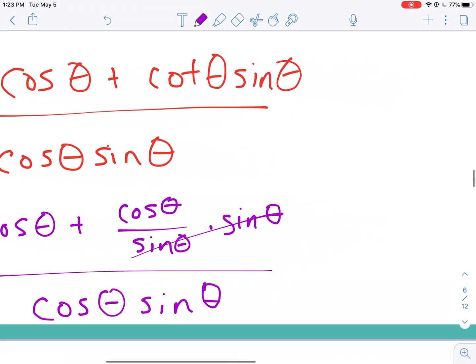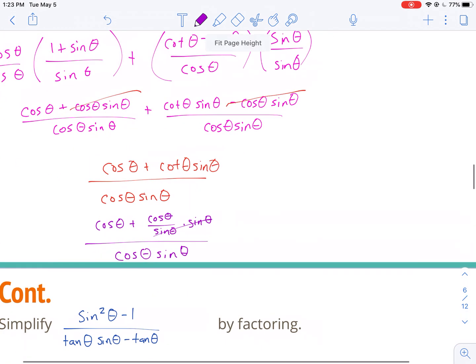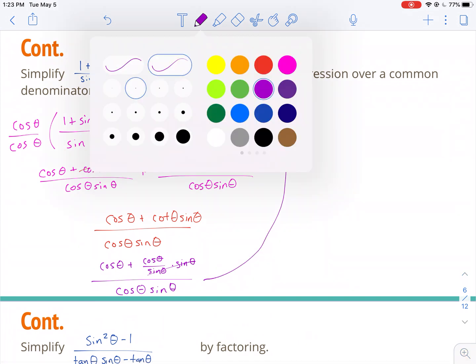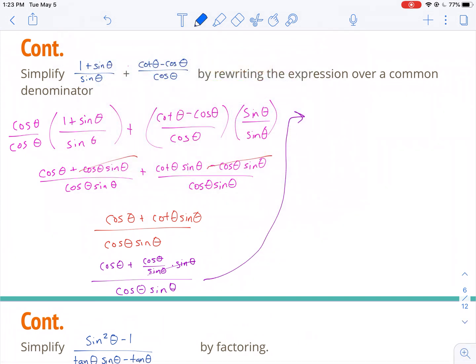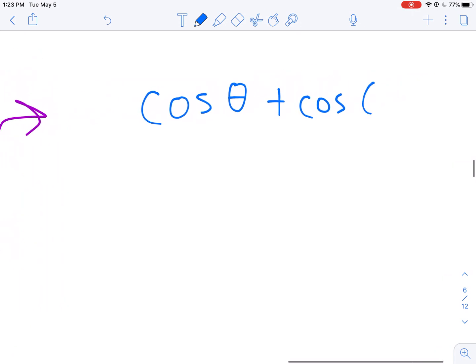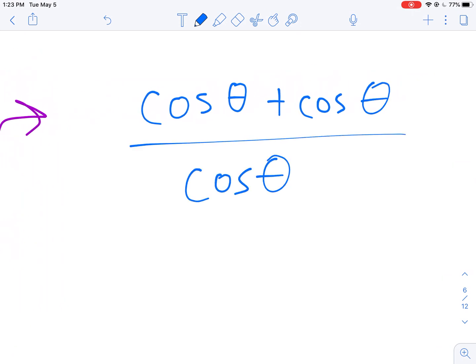These sines cross out. So this becomes equivalent to the cosine of theta plus the cosine of theta over the cosine of theta sine of theta.